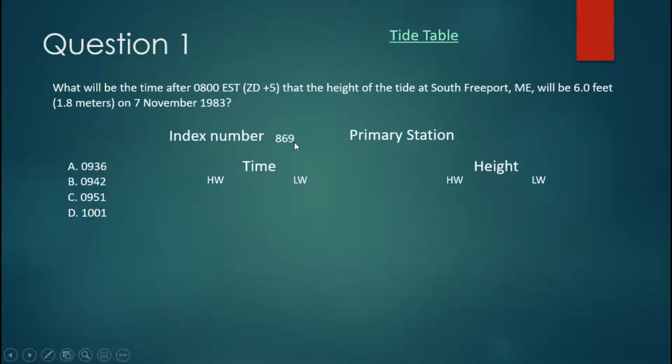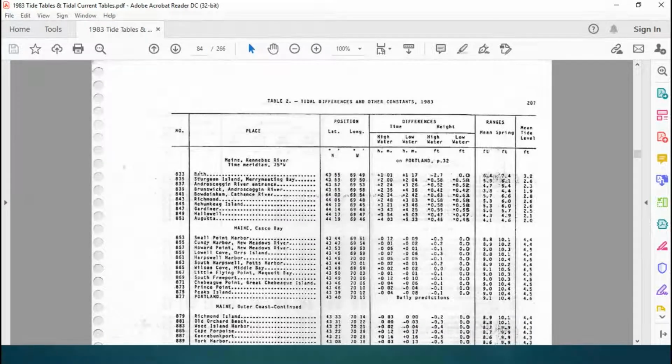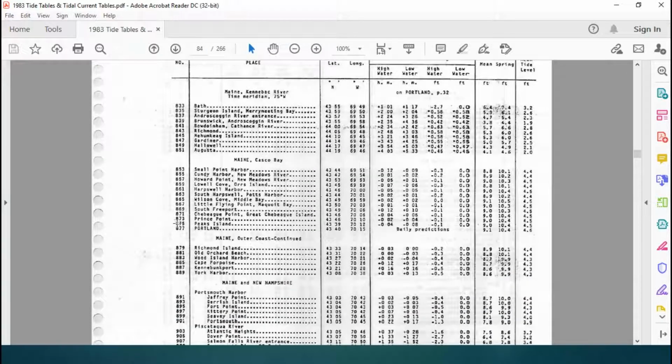In this case, we've got an index number of 869, so let's go back to the tide tables and table 2 and find index number 869. If you're using the PDF, that's going to be on page 84. We'll find 869 right here and get our corrections of plus 12 minutes, plus 10 minutes, minus 0.1, and 0 for the low water.